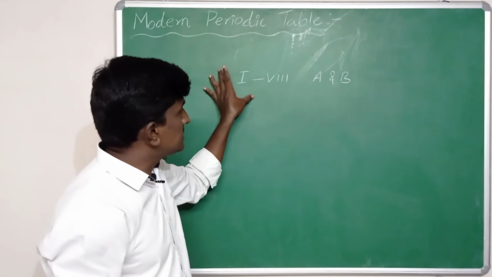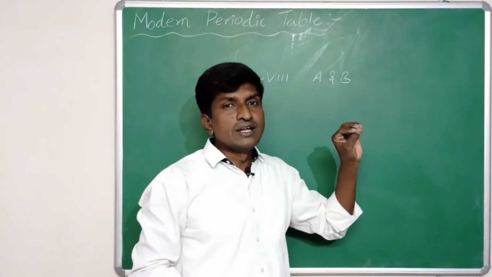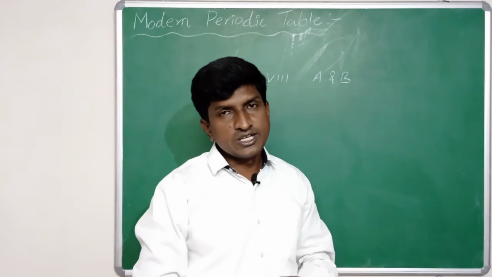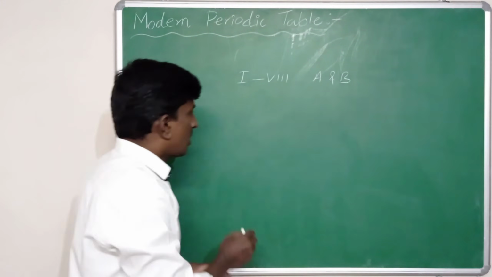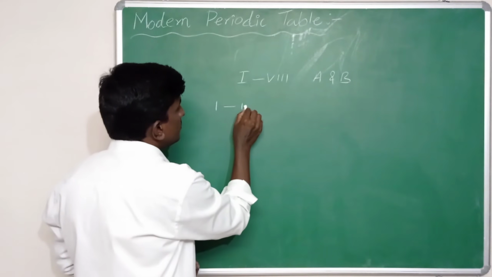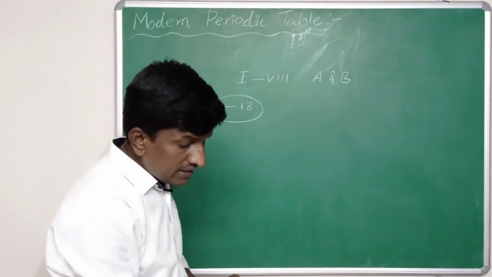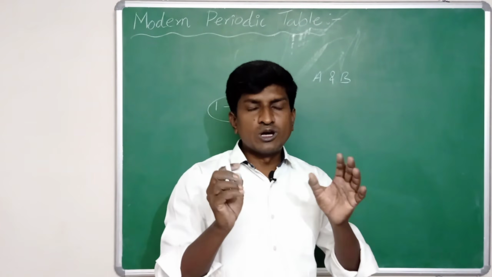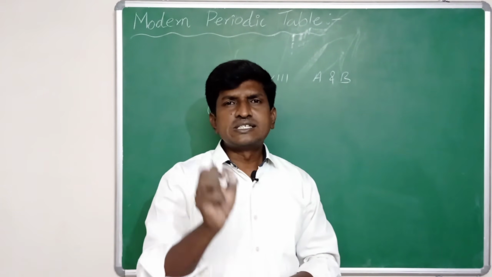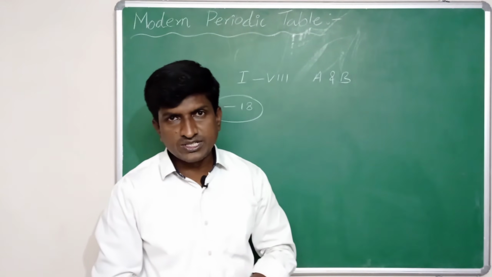So this is the traditional notation, but according to the latest recommendations of IUPAC, now all the groups are represented with Arabic numbers from 1 to 18, and the elements in one group have the same outermost electronic configuration.